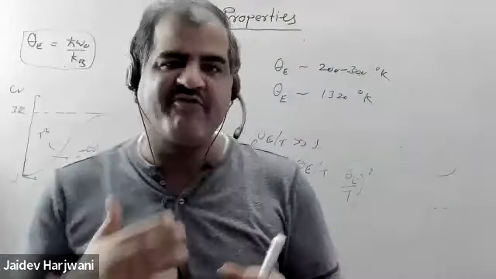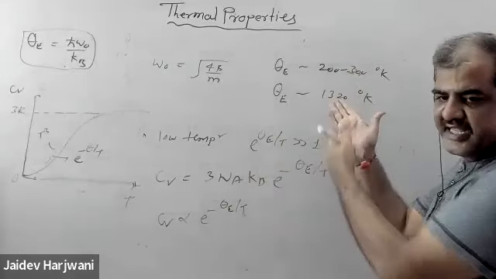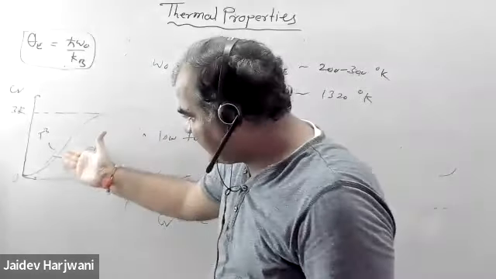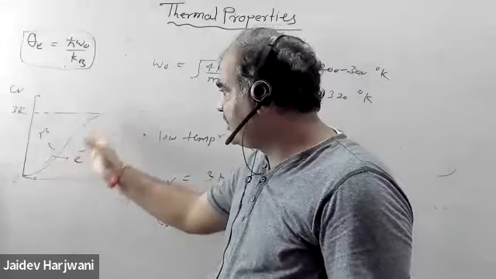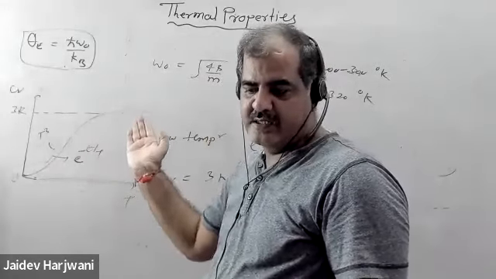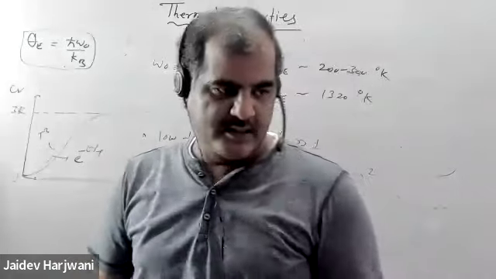In the case of diamond, 500 will not be a high temperature because it is less than your theta E. So at 500 maybe you are getting this type of behavior for diamond, while for metal you may be getting a constant curve like this. So theta E decides how much it can stay.